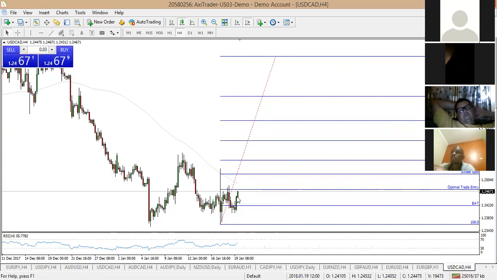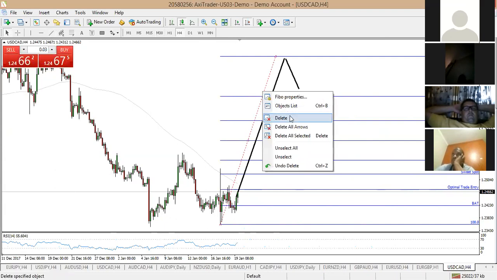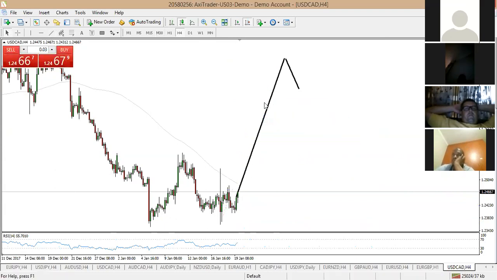Maybe the market went up to here, and it swung. I'm just showing you how we draw the Fibonacci. I will just leave it here. Maybe there was no Fibonacci from the first time. Maybe we're having this move currently running in the marketplace.